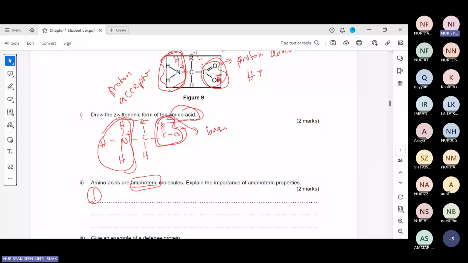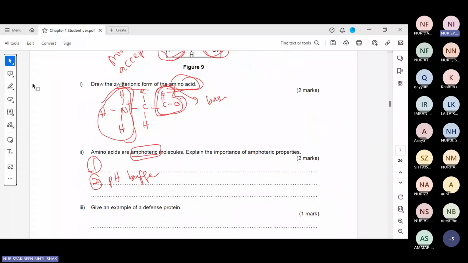It can function as, second point, pH buffer. And then third point, more elaboration, which is to maintain pH of a solution ataupun resist changes in pH of a solution. Dia akan menyebabkan pH dalam sesuatu solution tu stabil.